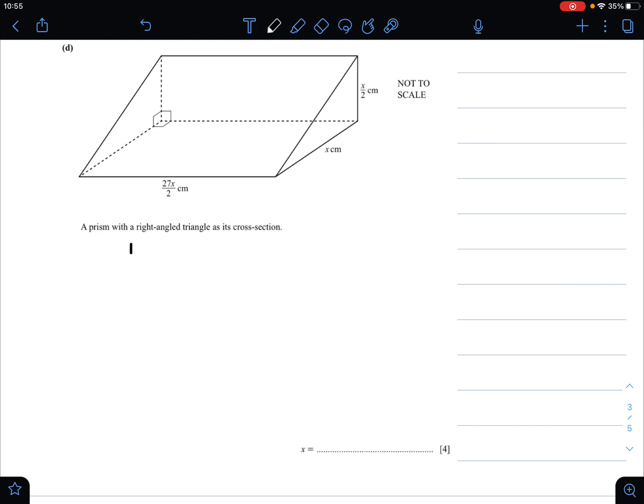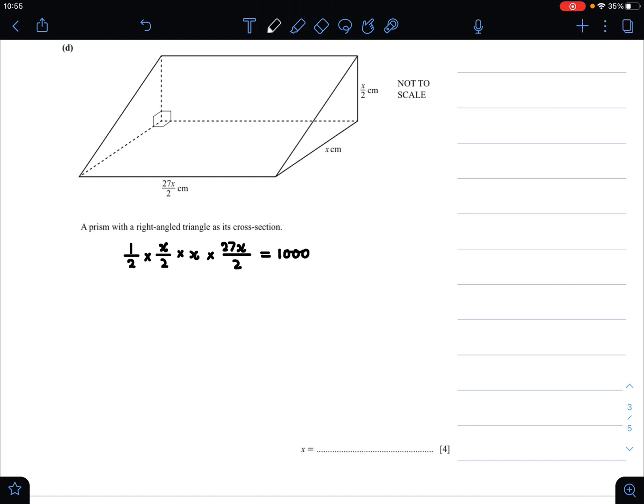So the formula for a volume of a prism would be half multiplied by the base of the triangle, which is x by 2. My bad. Half multiplied by x by 2 multiplied by the height, which is x, multiplied by 27x by 2, which is the height of the prism, is equal to the volume, which is 1000.